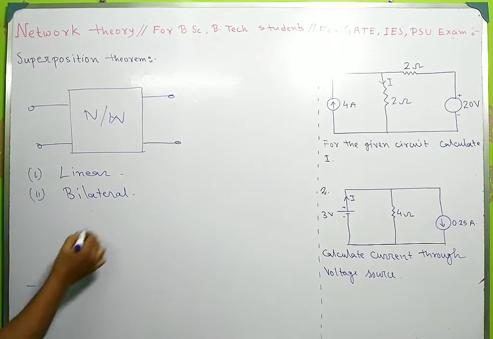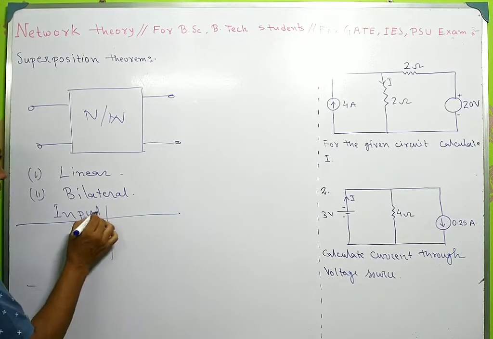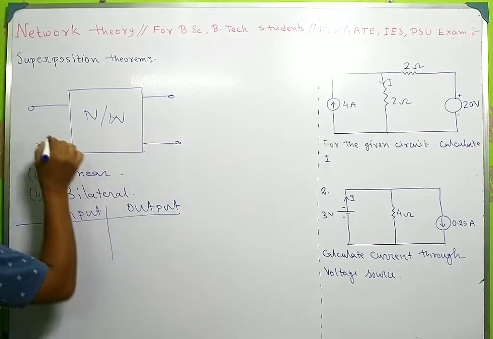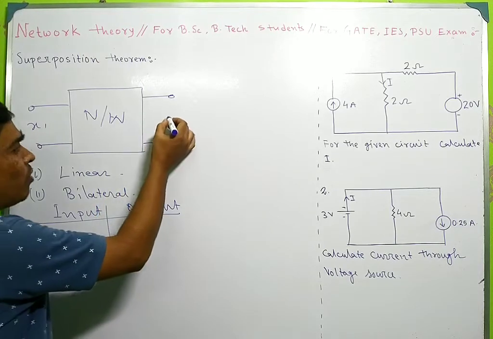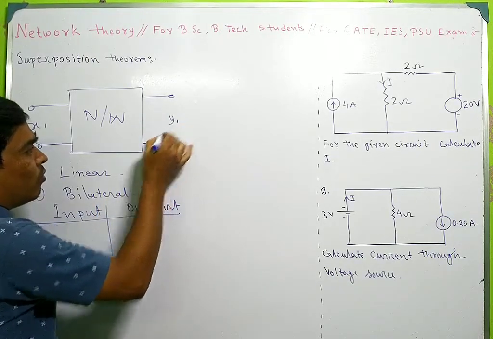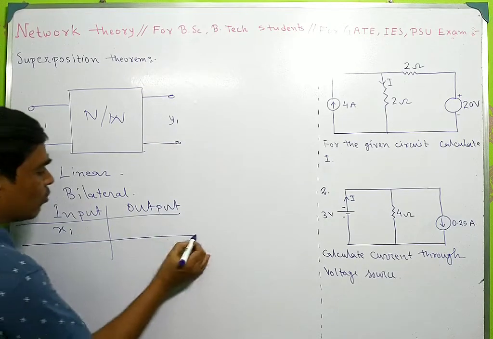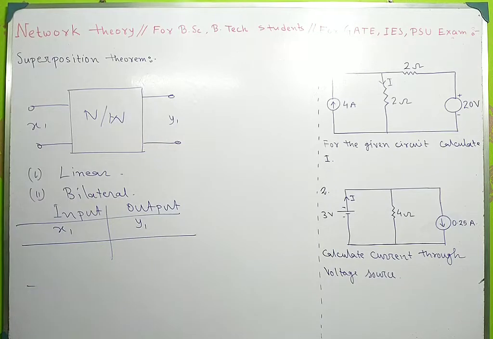So in this network, suppose you give the input x1, then its response or output is suppose y1. So when you give input x1, then its response is y1.